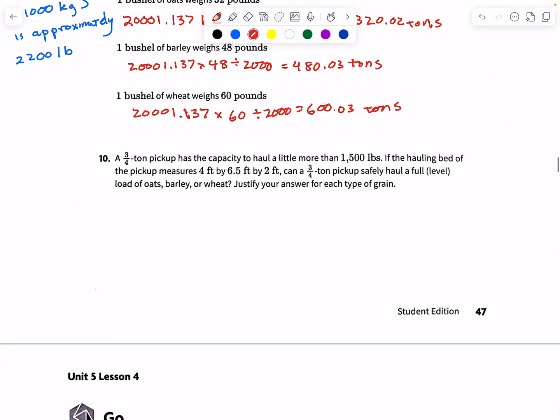Okay, a 3/4 ton pickup has the capacity to haul about 3/4 of a ton without messing with the springs and stuff. Volume of it is 4 times 6.5 times 2, which is 52 cubic feet.